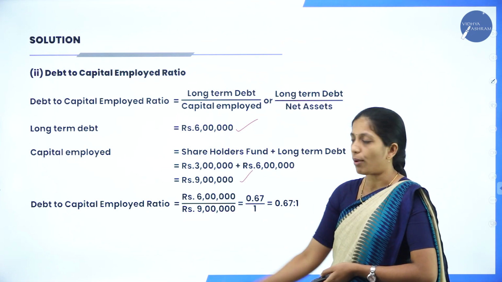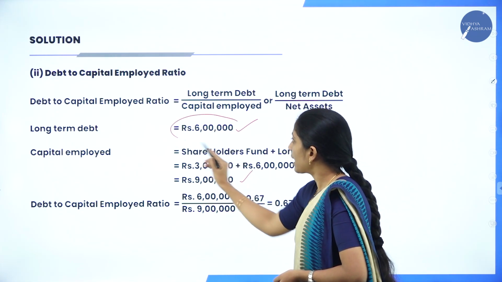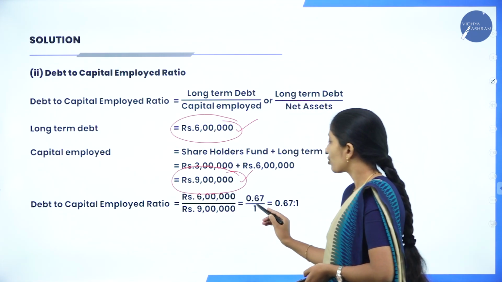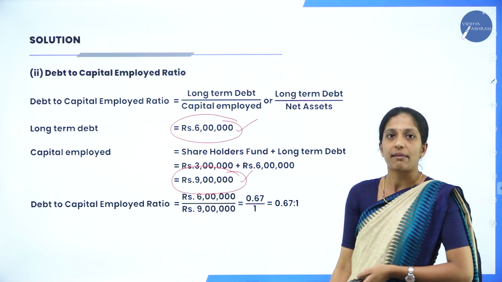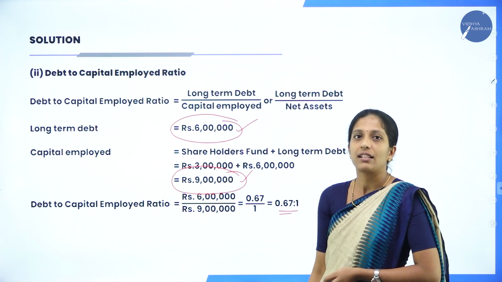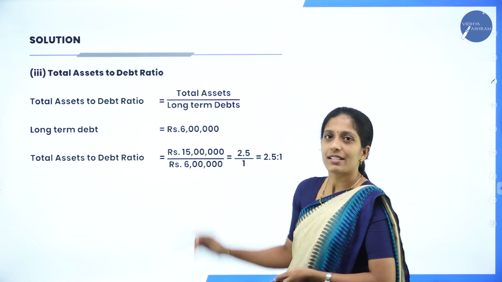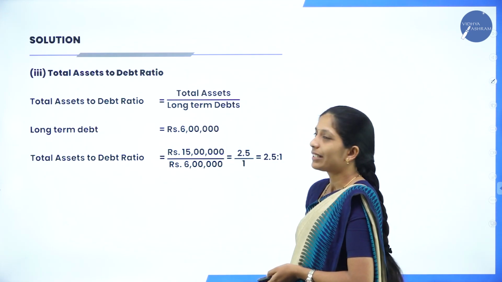Now you can apply the formula: debt to capital employed ratio is equal to 6 lakh divided by 9 lakh. So it will be 0.67:1, that is 0.67 divided by 1.